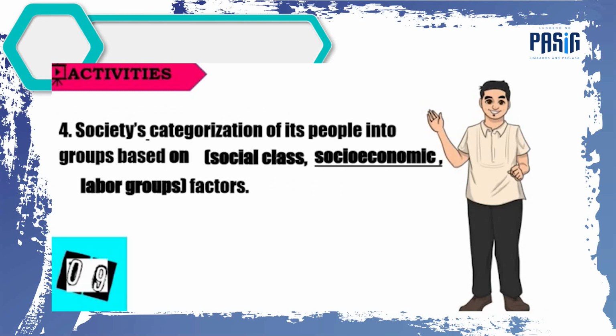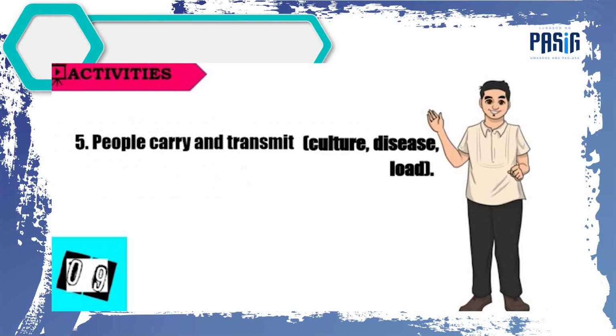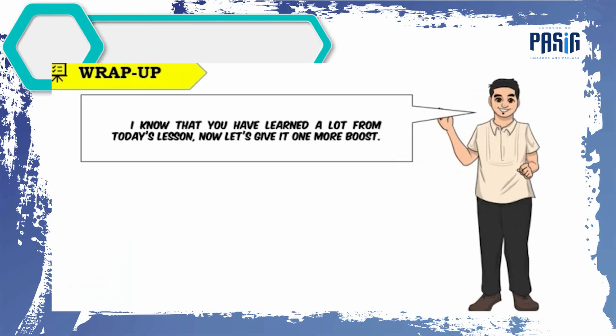The correct answer is socioeconomic factors. Final question. People carry and transmit blank. The correct answer is culture. Let us have a wrap up.